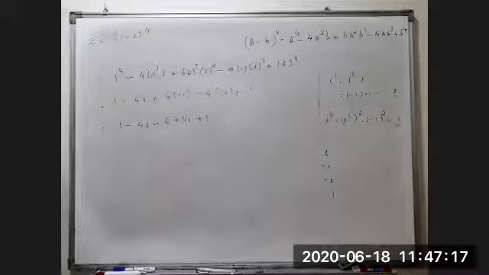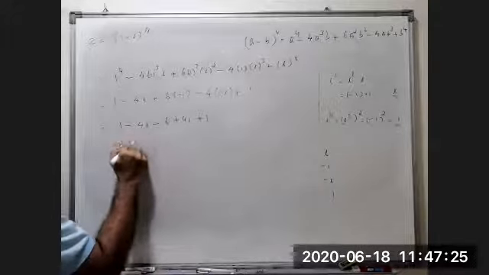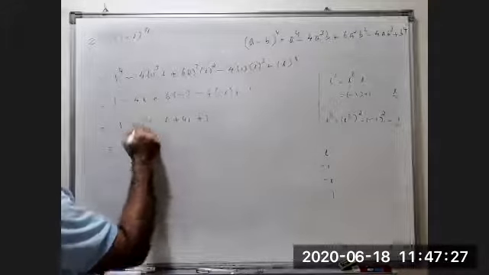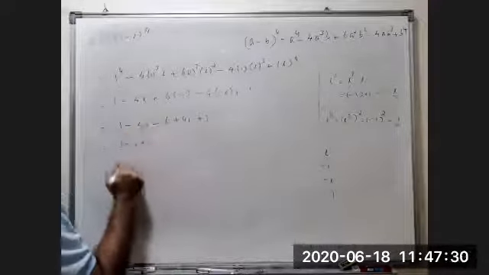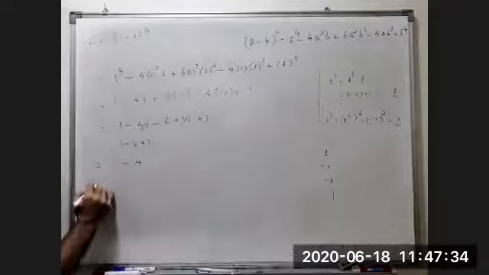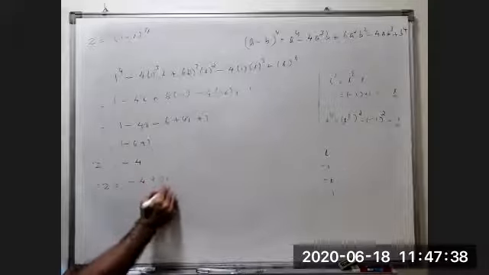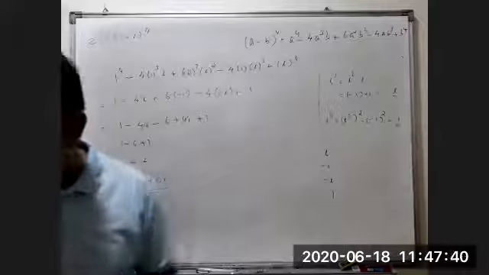Now write all real parts together. 1 minus 6 plus 1 minus 48 plus 48 cancel. So it is minus 4. Therefore, z can be written as minus 4 plus 0i in a plus ib form.